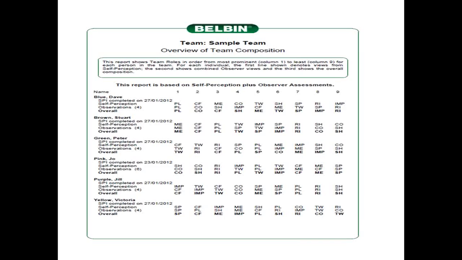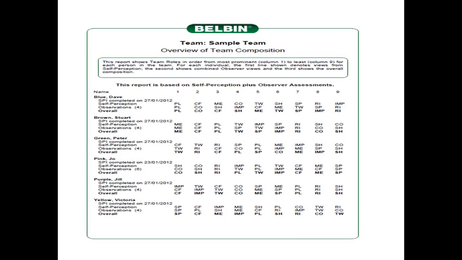Some of you would be familiar with this in the older version, the electronic version of eInterface, where you have from the left to the right the top 3 preferred team roles, the least preferred team roles, and the number of observers.